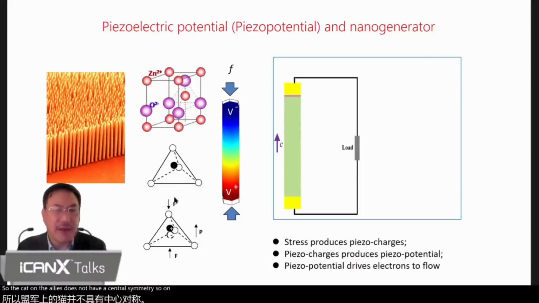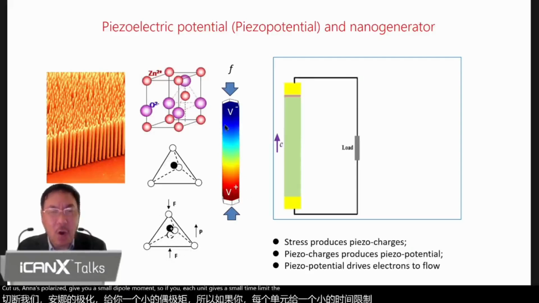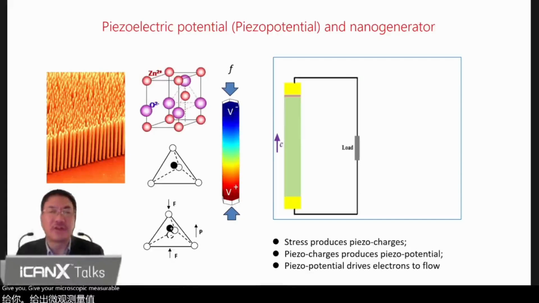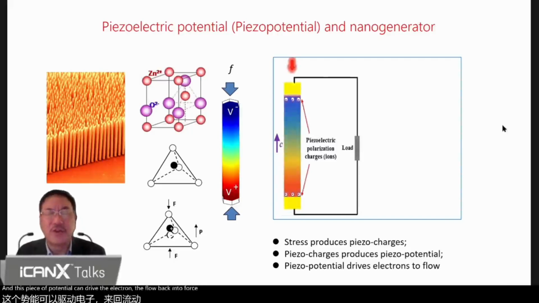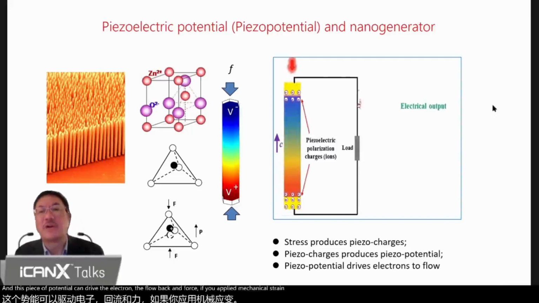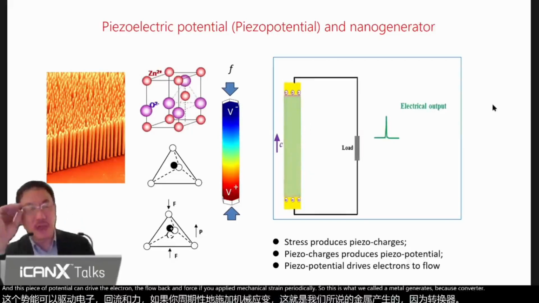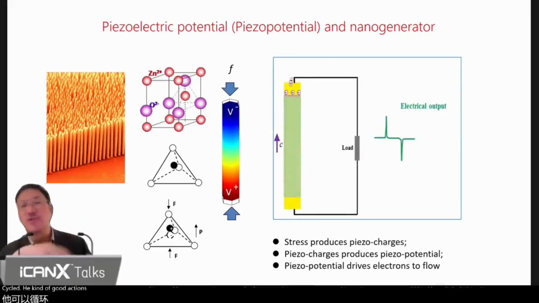Under mechanical strain, cations and anions polarize, giving a small dipole moment. Each unit gives a small dipole moment, so the whole crystal gives a macroscopic, measurable piezo potential, and this piezo potential can drive electrons to flow back and forth if you apply the mechanical strain periodically.